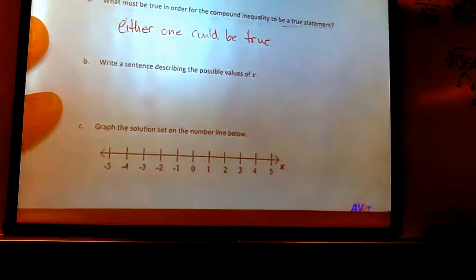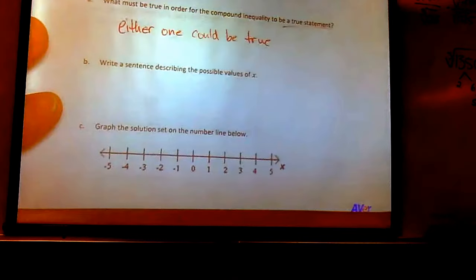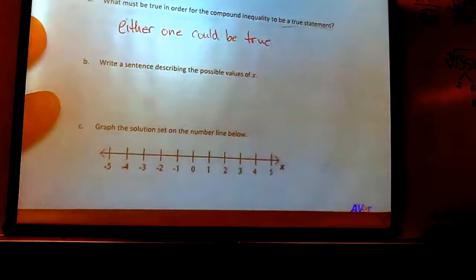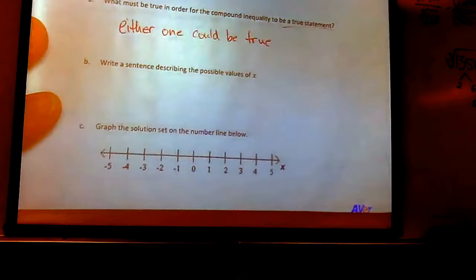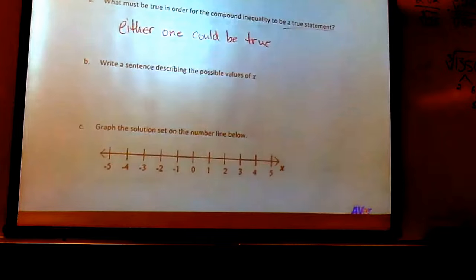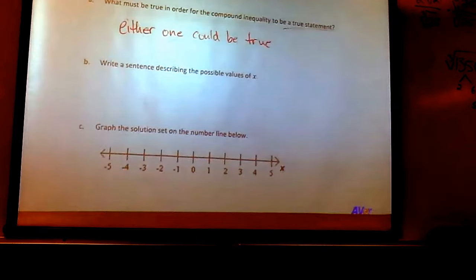Like, I am 35 years old, or I am a teacher. That's true, because I'm a teacher. I'm not 35. If I said I am 35 years old and I'm a teacher, that's false. And means both have to be true, or means only one or the other has to be true.